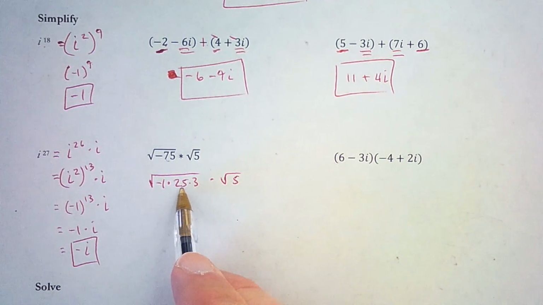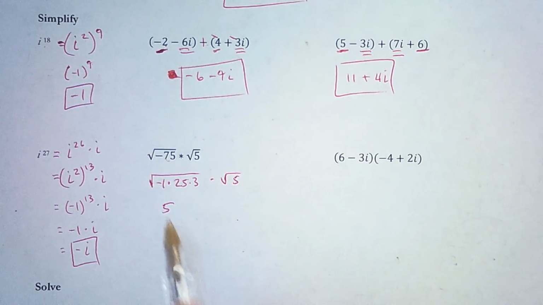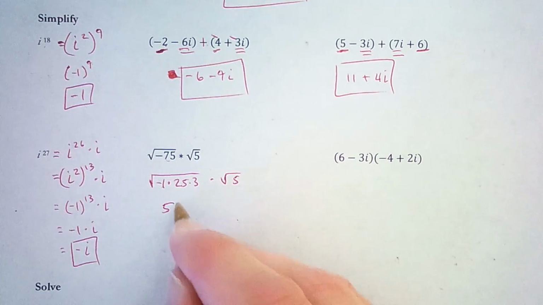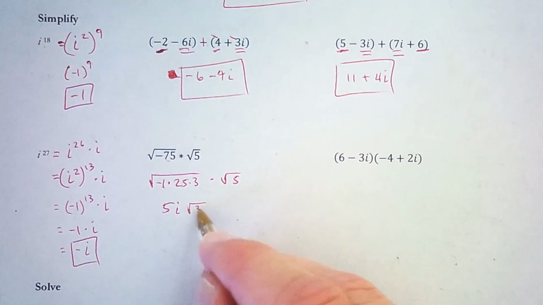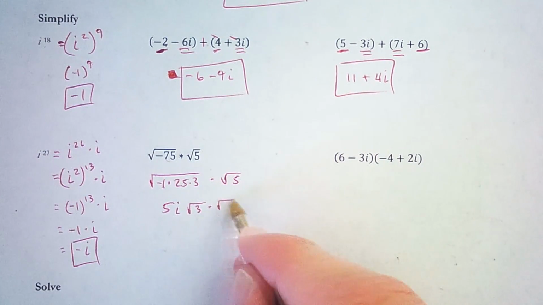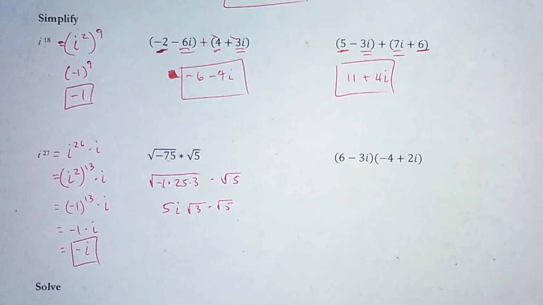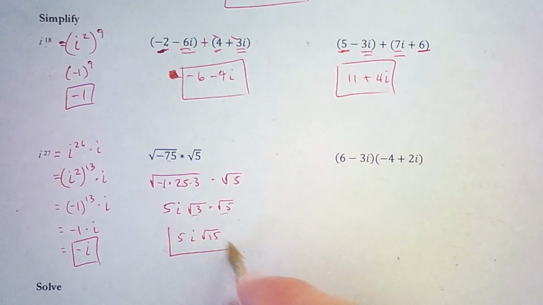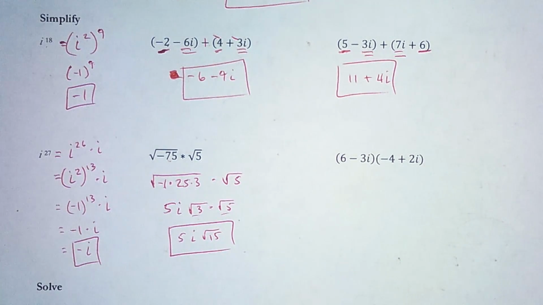The square root of 25 is 5. The square root of -1 is i. Then I have the square root of 3 times the square root of 5, and I can multiply these. So I have 5i times the square root of 15. And there are no square numbers that go into 15, so that is my final answer.